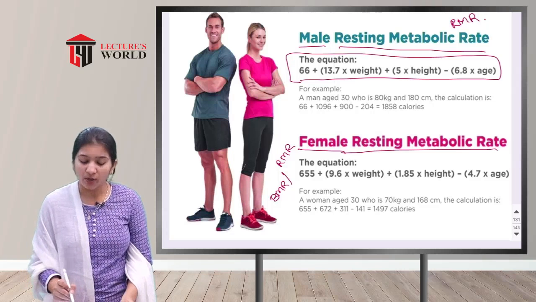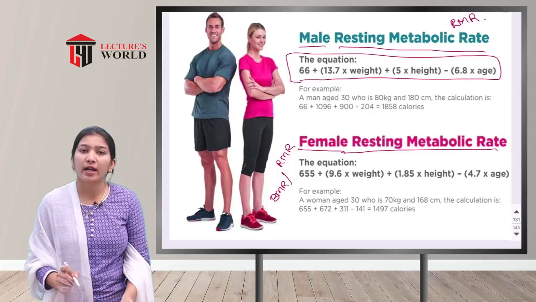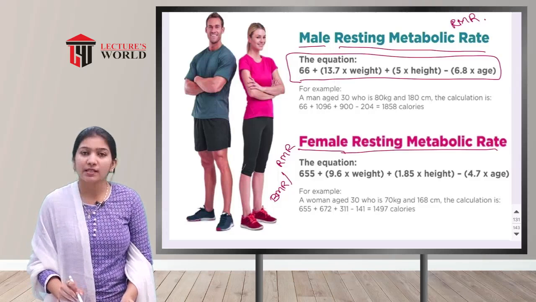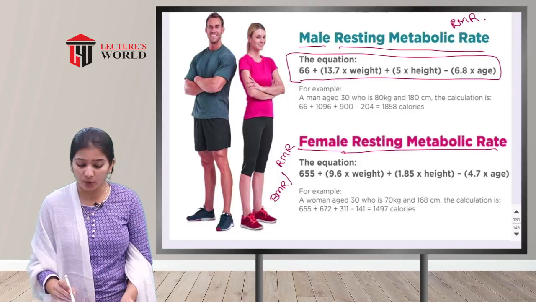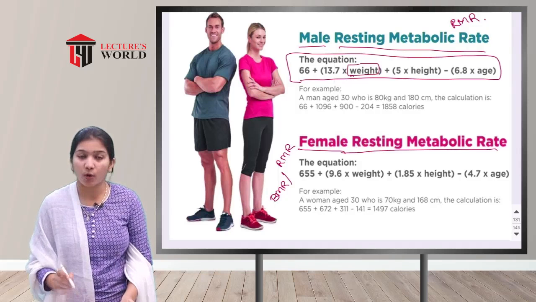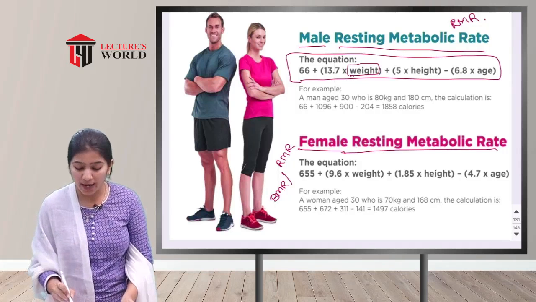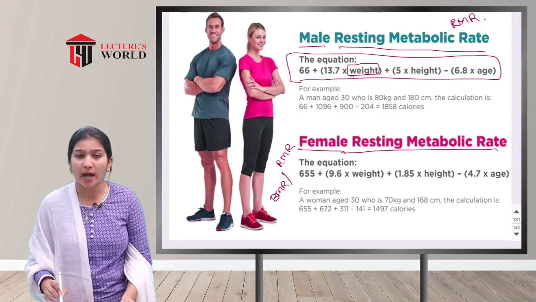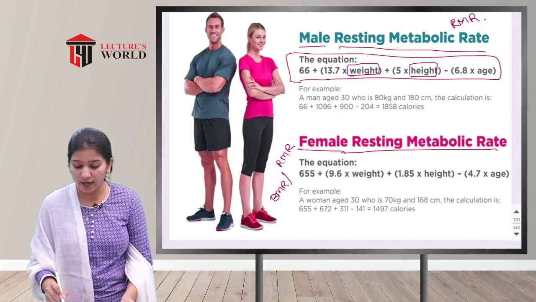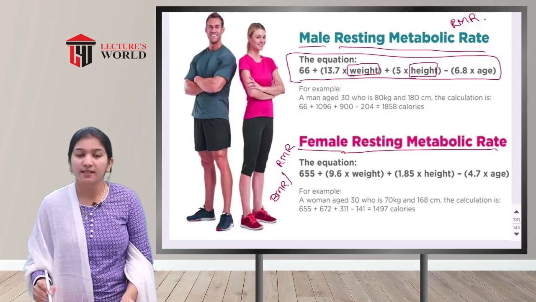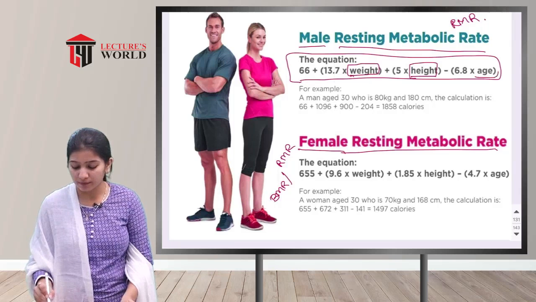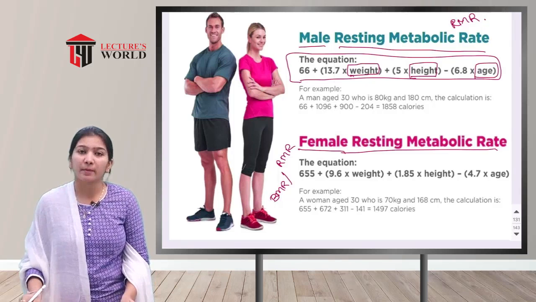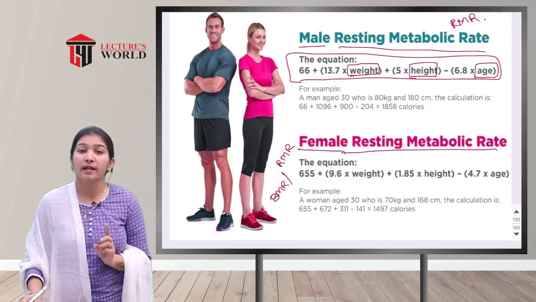The formula for calculation of BMR is 66 plus, in the bracket, 13.7 into the weight, plus, in the bracket, 5 into height, minus 6.8 into your age. So to calculate BMR, you need to remember three things: your weight, your height and your age.